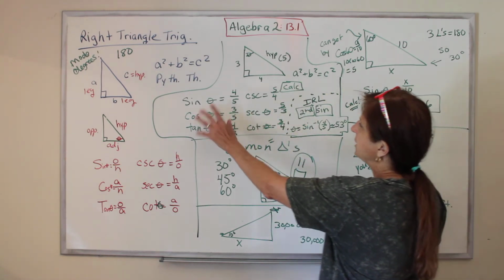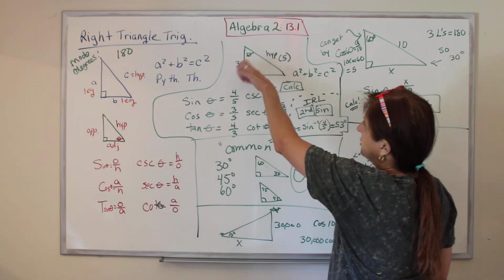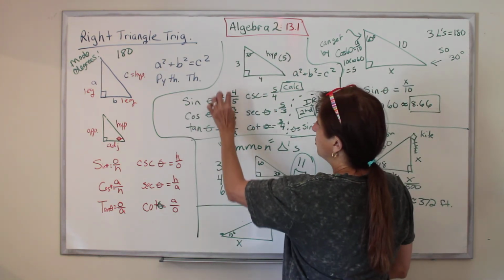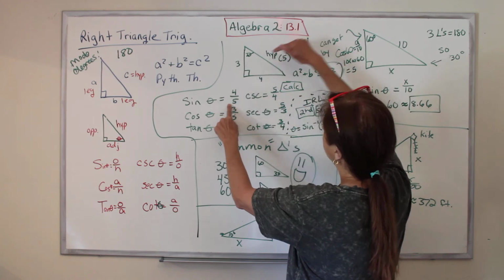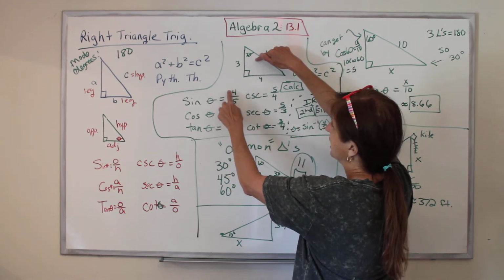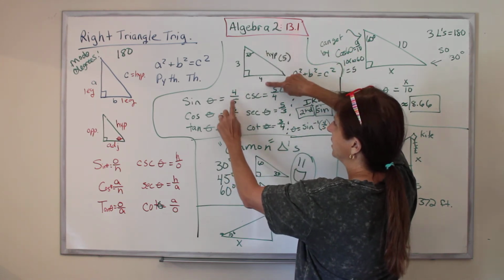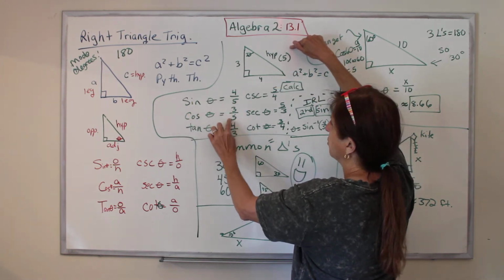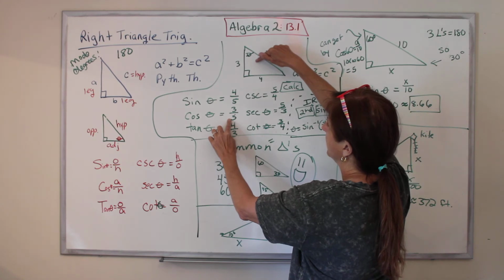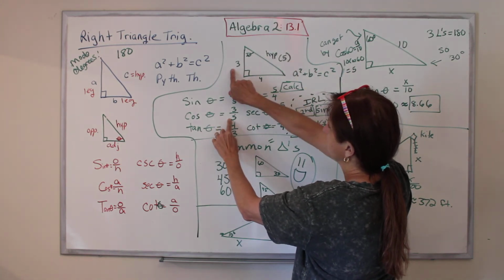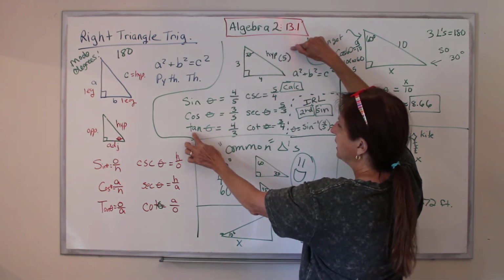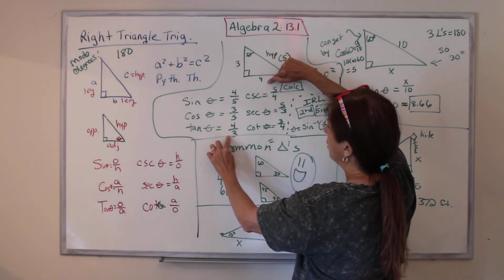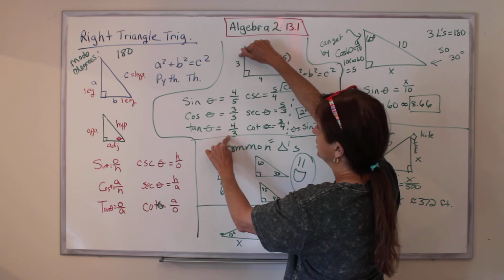But what they want me to do is substitute these sides into the formulas. So, some old horse: the sine of theta is the opposite over the hypotenuse. Caught another horse: the cosine of theta is the adjacent over the hypotenuse. Taking oats away: the tangent of theta is the opposite over the adjacent.